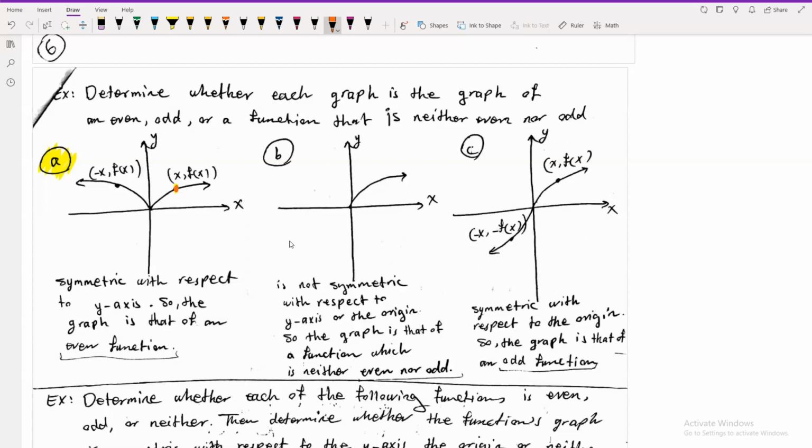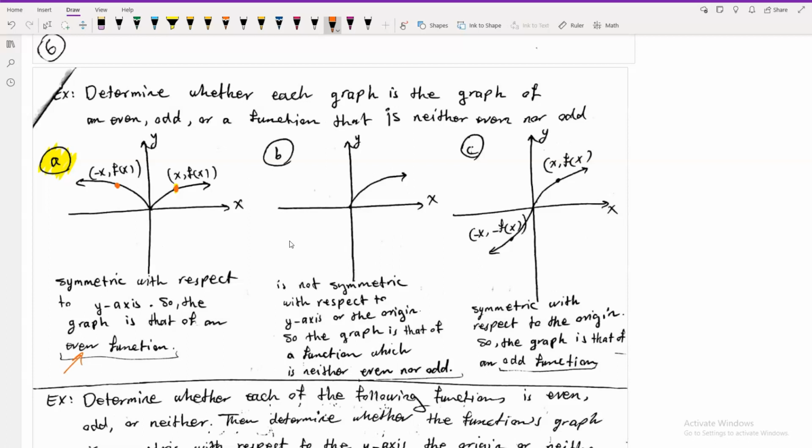Substitute negative x for x, and that is this point, negative x comma f of x. Based on this graph, we can see that this is symmetric with respect to y. Because of having symmetry with respect to y, this function is even.